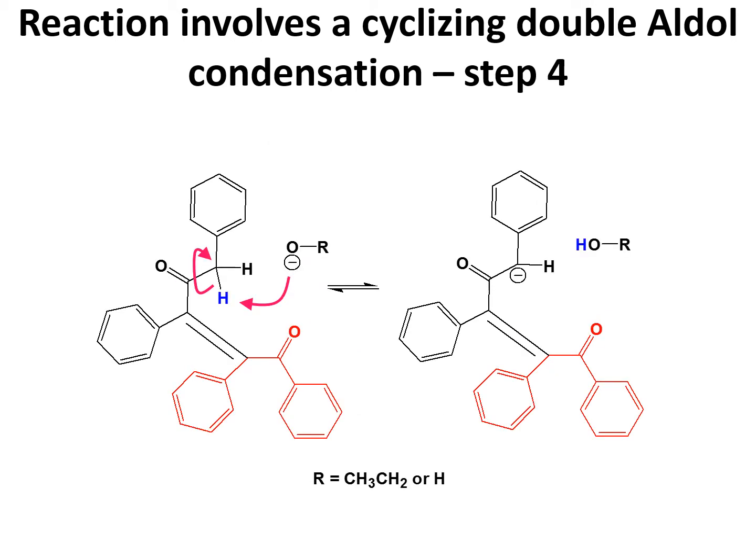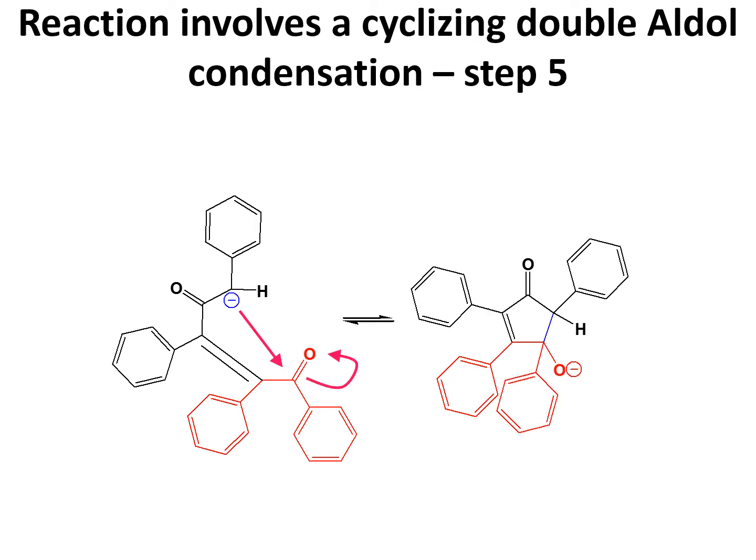Then an anion in the solvent is going to remove the other alpha hydrogen from the other side of the dibenzyl ketone molecule. This will generate an anion. The anion then attacks the other carbonyl of the benzil skeleton, generating this five-member ring with an anion.